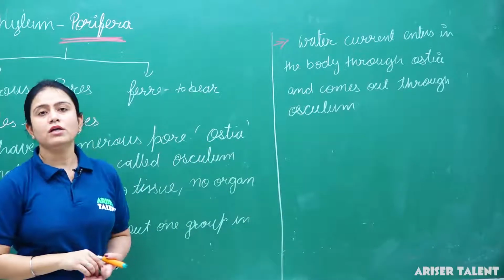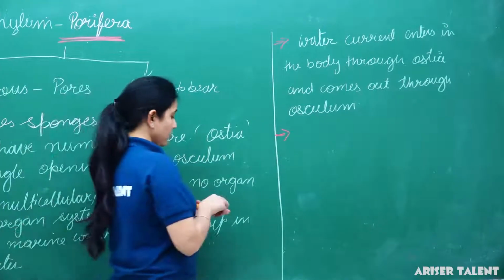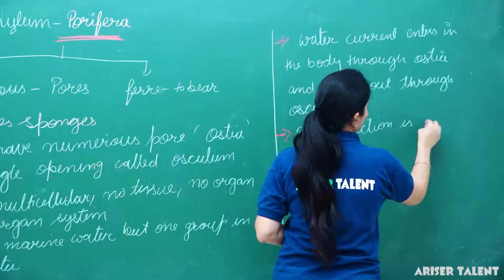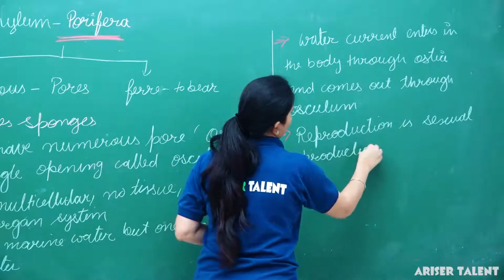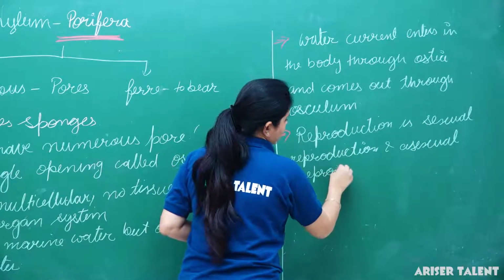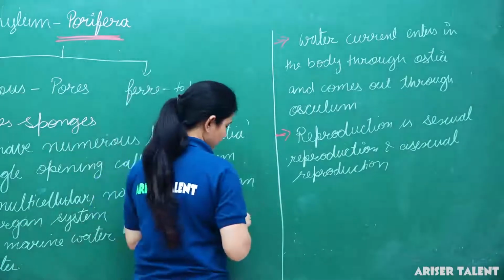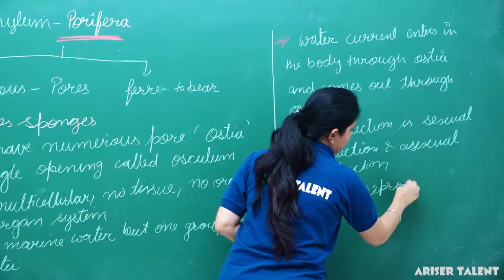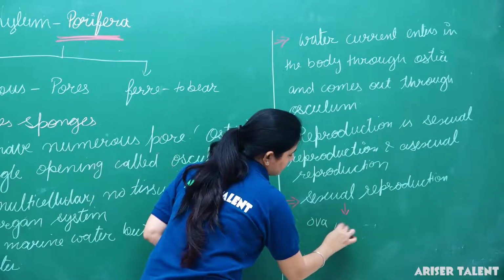Clear? Now, if we talk about reproduction, reproduction in sponges is generally done by two methods: sexual reproduction and asexual reproduction. In sexual reproduction, they form ova and spermatozoa.